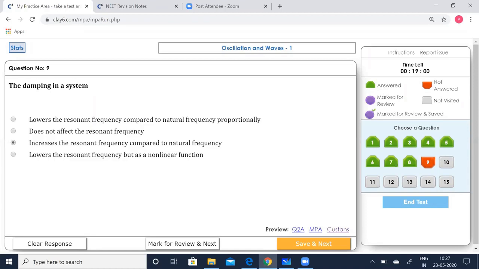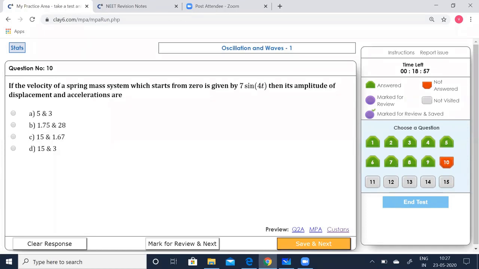So save that. If the velocity of a spring mass system which starts from 0 is given by 7 sine 4t, then what are its amplitude, displacement and acceleration? It is very similar to the earlier one which we saw.